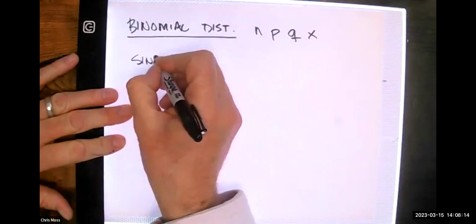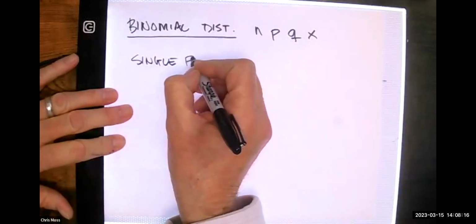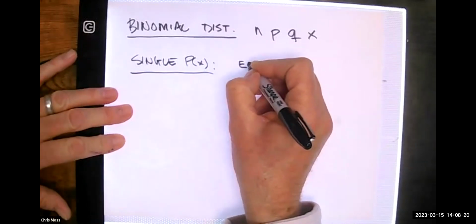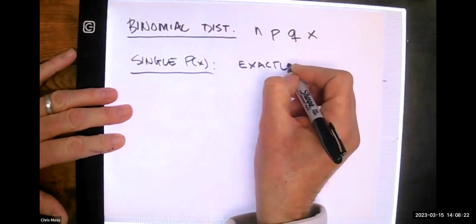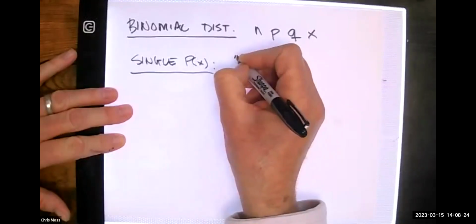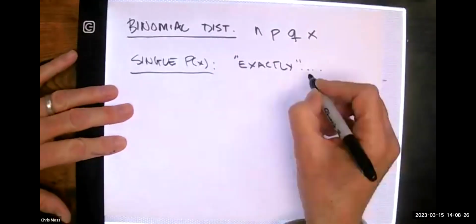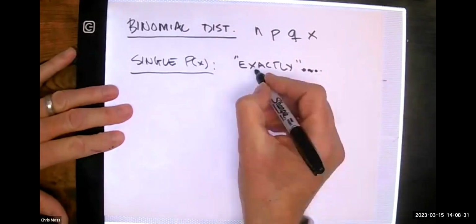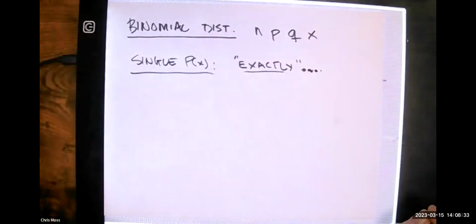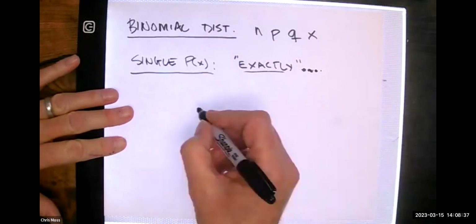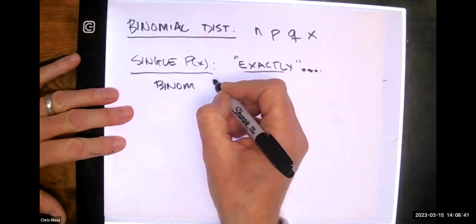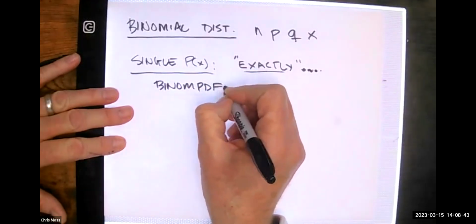We have the single p of x. Usually you can find the word exactly. Instructors usually try to use the word exactly when they write these problems out, unless they're trying to be cute. That single p of x is the binomial PDF function.